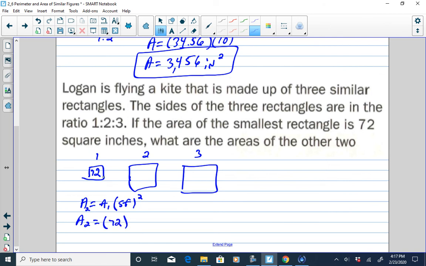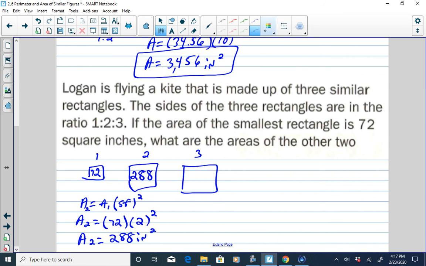But what's the scale factor? Well, the scale factor here, if I'm going from 1 to 2, that's a scale factor of 2. So that's going to be 2 squared. 2 squared is 4. 72 times 4. So area 2 is going to be equal to 288. Those are square inches. So this is 288 square inches.